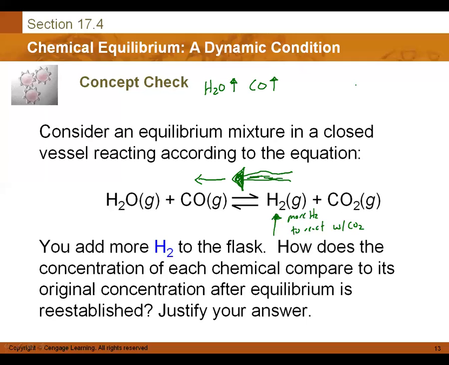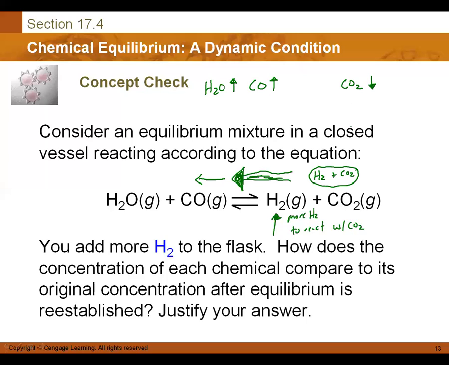In terms of our CO2, would we expect to see it start to decrease? For the same reason, in order to make our reactants in this case, we need some H2 to react with some CO2. So we need these two to come together. So we are using up some of our CO2 to make our H2O and CO in this case.